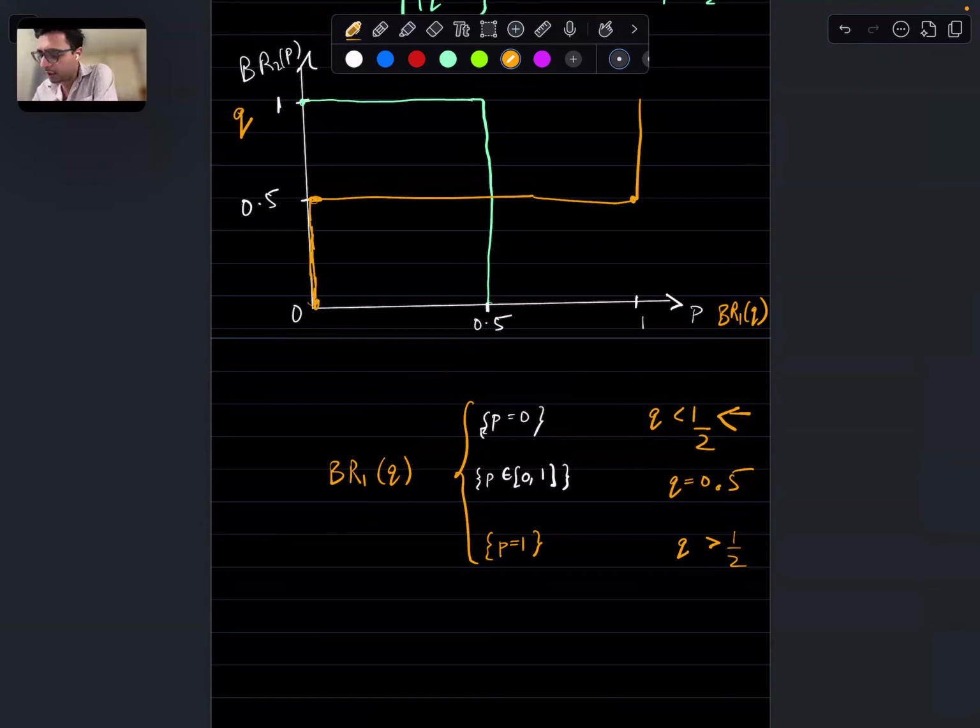Okay, there's no Nash equilibrium at this corner, no Nash equilibrium at that corner. All you have is a Nash equilibrium that's right in the middle. Okay, so this is our Nash equilibrium in mixed strategies. So it's an MSNE, and it's one in which P star, Q star equals 1 half, 1 half.